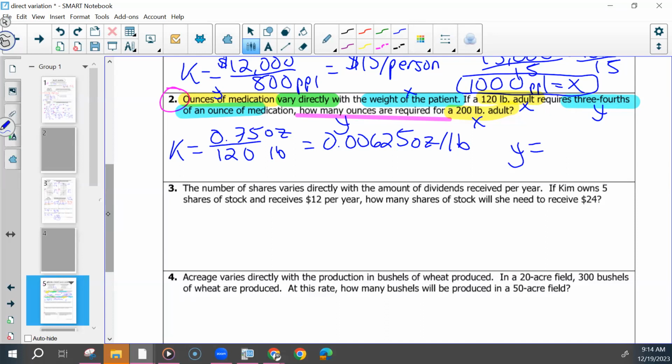Y equals KX. Multiply that, tell me what Y is.